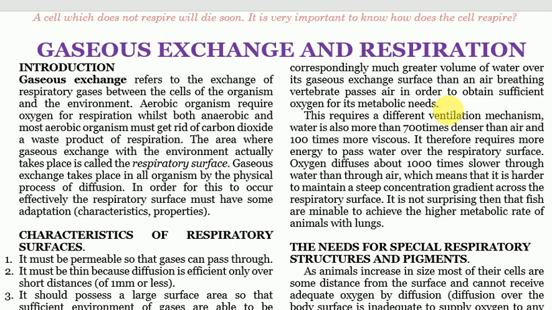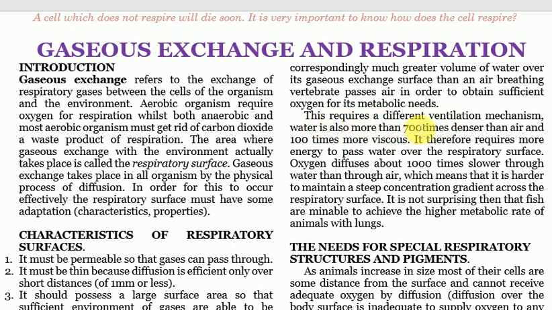For animals which are aquatic, they acquire their oxygen from water, so they must pass a large amount of water over their respiratory surfaces in order to get enough gas. However, land animals pass only a small amount of air. So this requires a different ventilation mechanism in aquatic organisms.